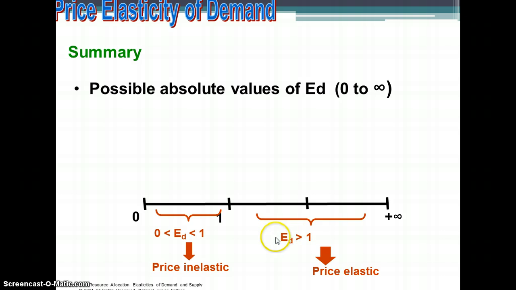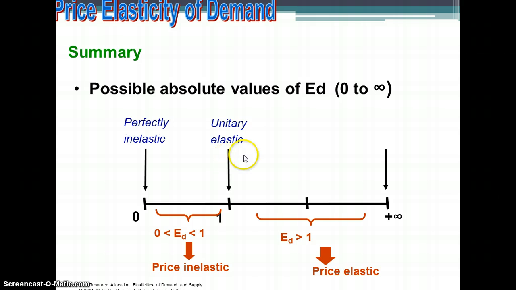When the price elasticity of demand is more than 1, the demand is price elastic. When the price elasticity of demand of a product is at 0, the demand is perfectly inelastic, and unitary elastic for the value equal to 1. And lastly, if the price elasticity of demand value is at infinity, it is perfectly elastic.